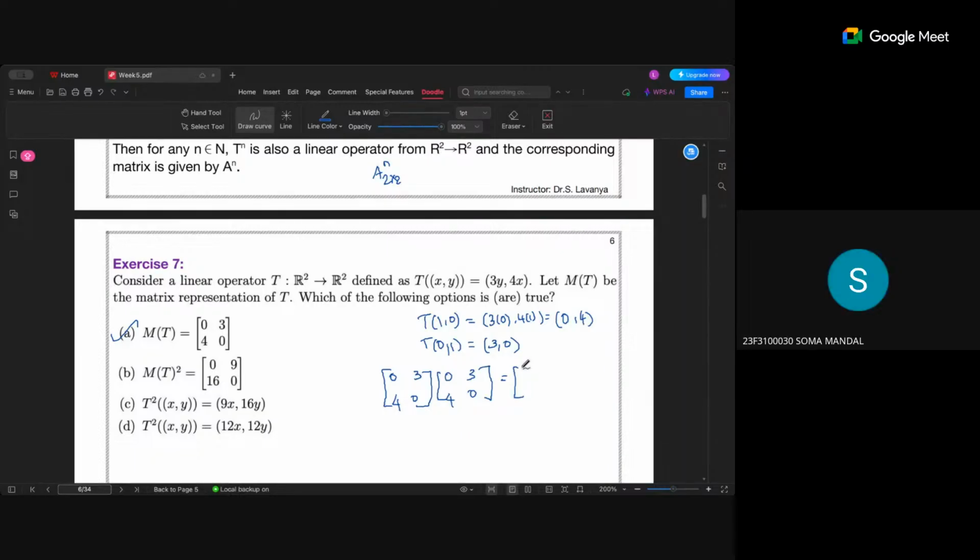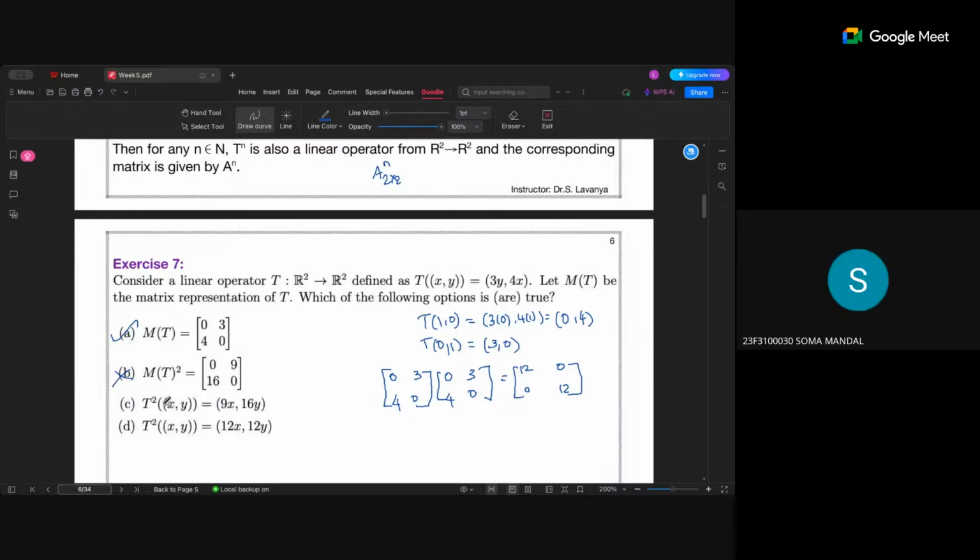First is 12. And then it is 0. This entry is 0. This one, then 16. No, 16. 0 and 12. Okay. So you see that this is incorrect.